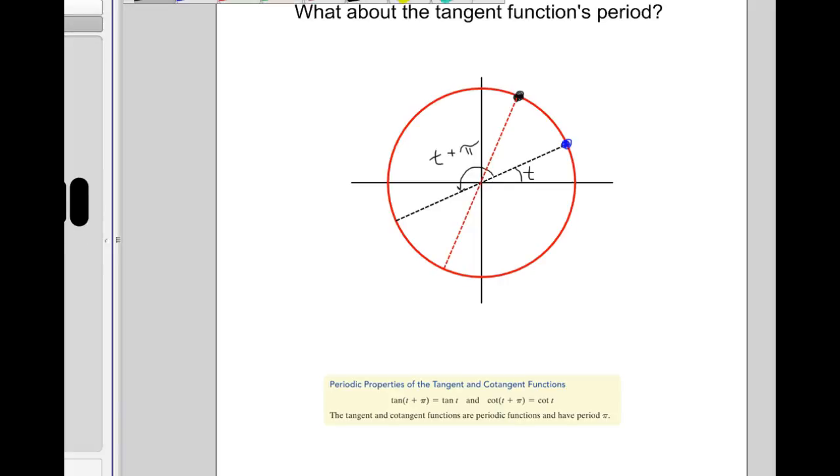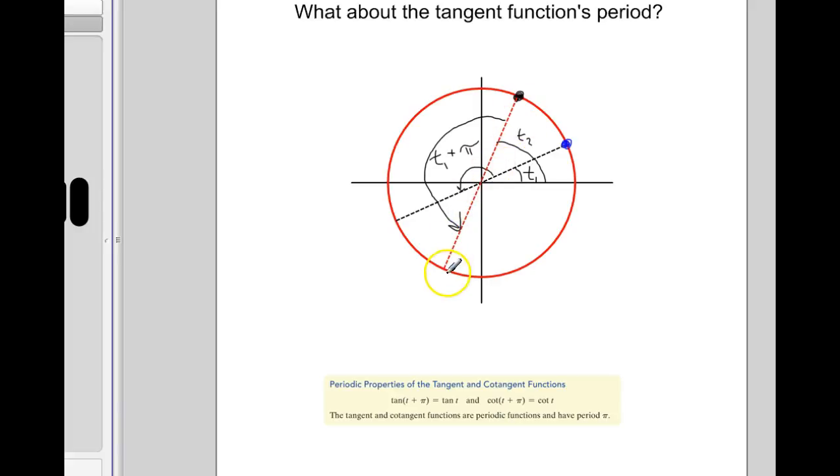And then how much did I add to this angle? This is like T1. Now this is like T2. How much did I add to this angle to get back to this other line segment that has the same slope? So I went from there all the way around to there again, which is again a straight angle.